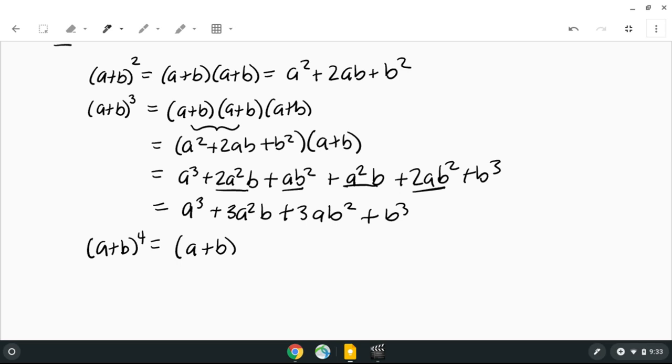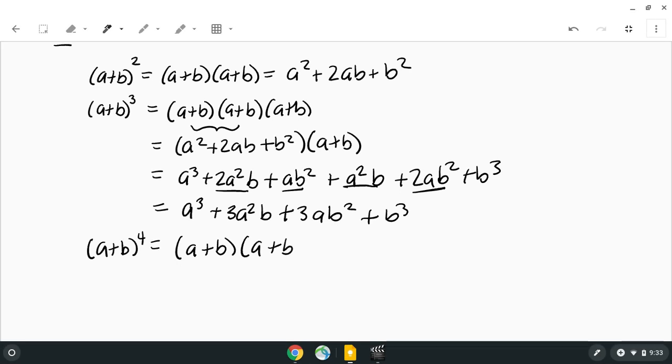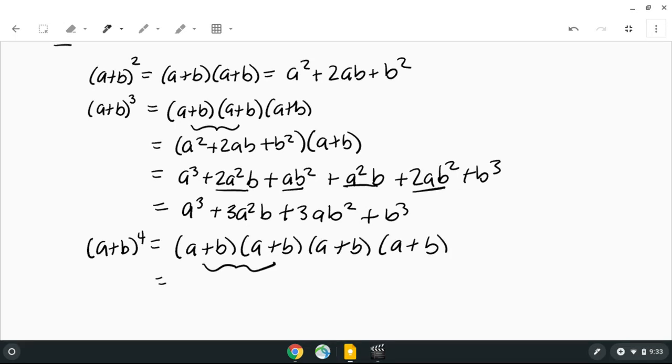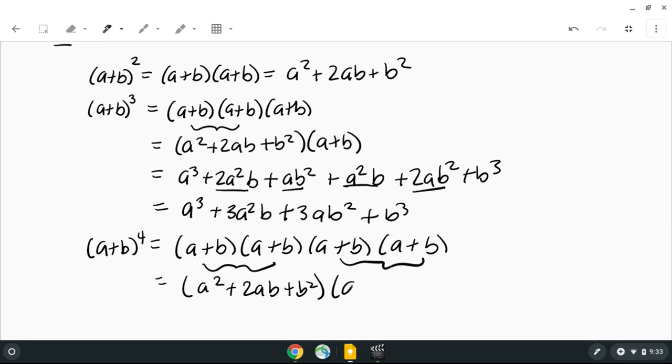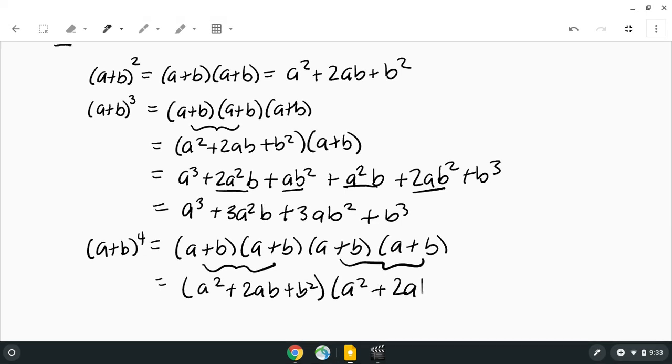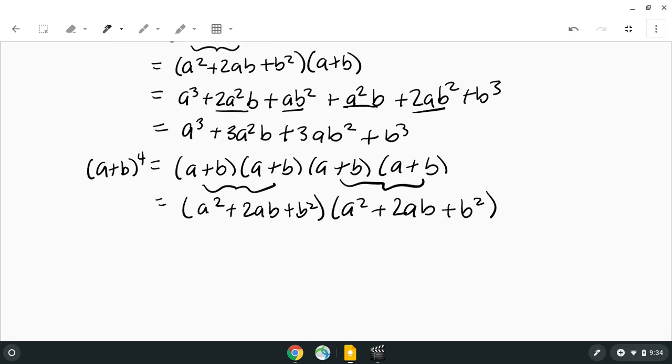Okay, great. And then if I want to do a plus b to the fourth power, that is a plus b times a plus b times a plus b times a plus b, right? And I know this part is a squared plus 2ab plus b squared. But then so is this part, right? And then I would have to distribute this and then combine like terms.